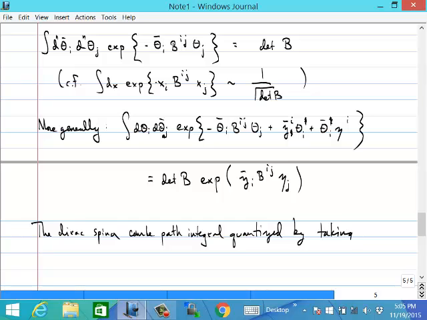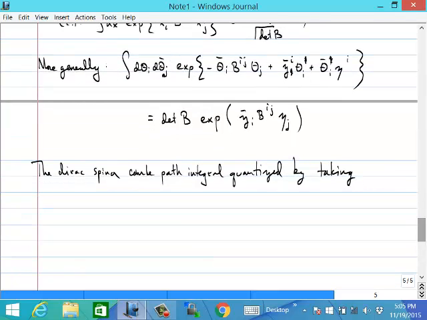And what we want to do is define a generating function, which will be a function of some sources that I'll call eta and eta bar, which is defined to be a path integral over all possible values of now a Grassmann valued spinor field.